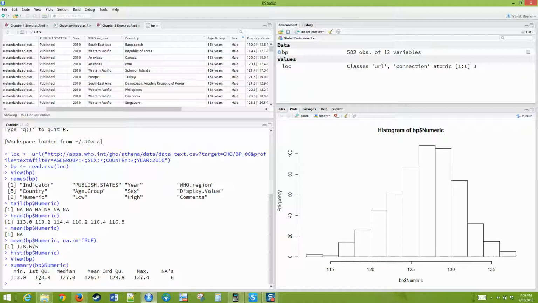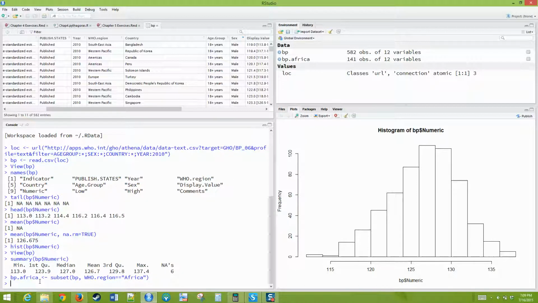I wanted you to subset data. Okay, so for that we would use the subset function, and so we might create a subset for Africa. So I might do BP.Africa, and for subset Africa, we were going to subset the BP data set, and what we want to use is WHO region, and we want to see where that is equal to the continent Africa.